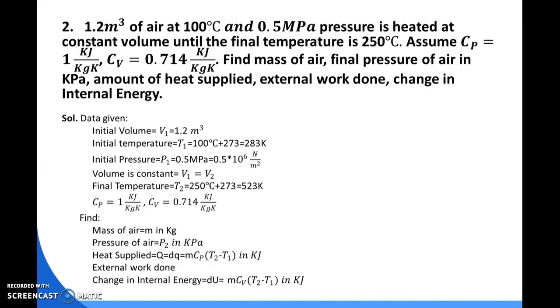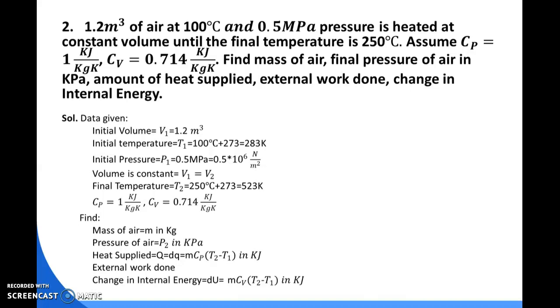Assume Cp is equal to 1 kilojoule per kg Kelvin, Cv is equal to 0.714 kilojoule per kg Kelvin. Find mass of air, final pressure of air in kPa, amount of heat supplied, external work done, change in internal energy. Same as the previous problem, first let us find the given data.